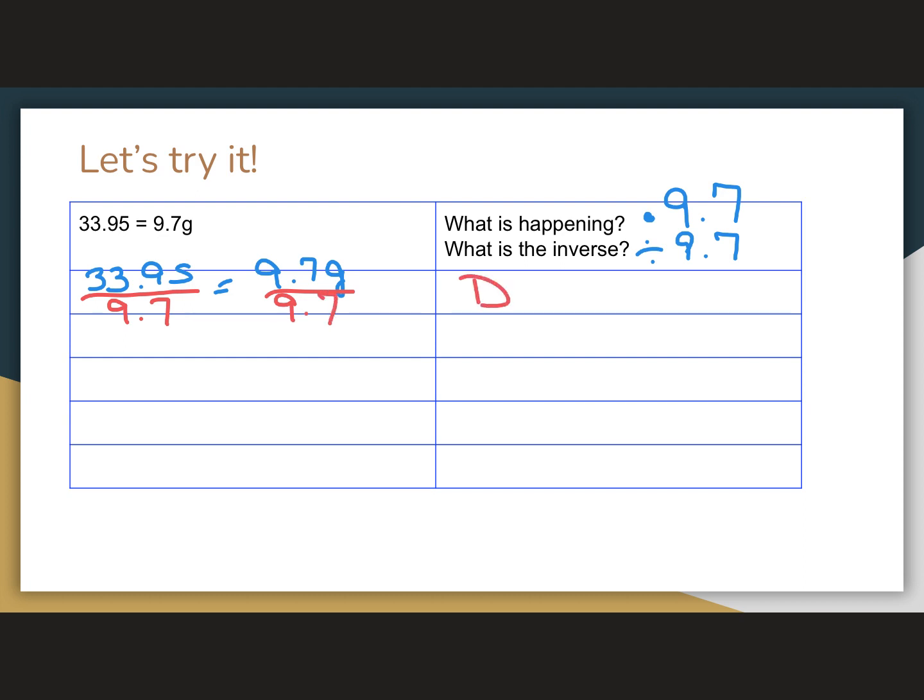And this is our division property of equality. We're dividing by 9.7. So here they're going to cancel, and that just gives me G when I simplify. On the other side, we're going to do 33.95 divided by 9.7.